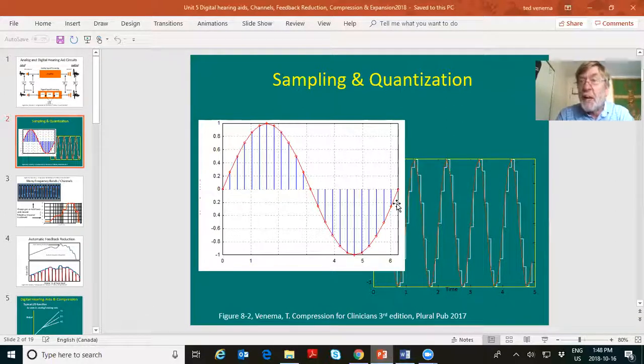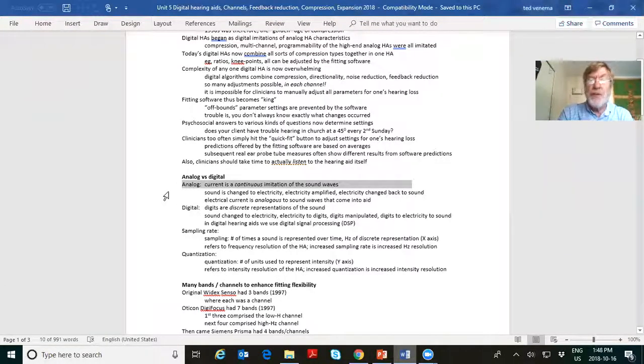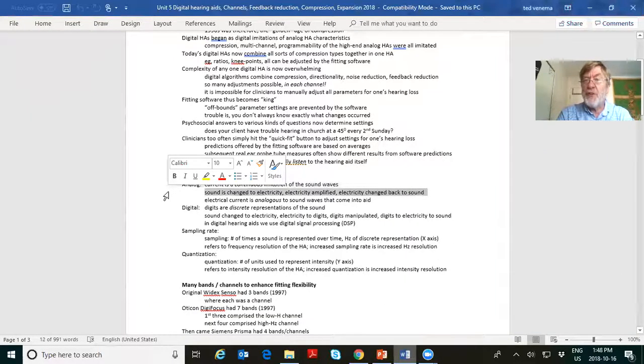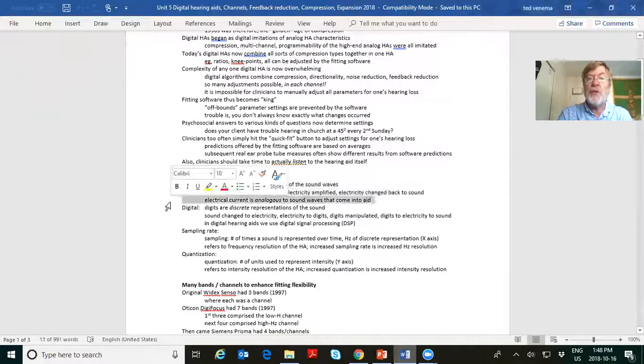It's the same. That's why they called it analog. Back to here. Sound is changed into electricity. The electricity is amplified. Electricity changed back into sound. The electrical current is analogous to the sound waves that come into the aid.